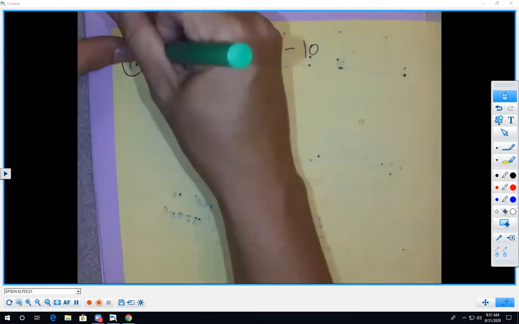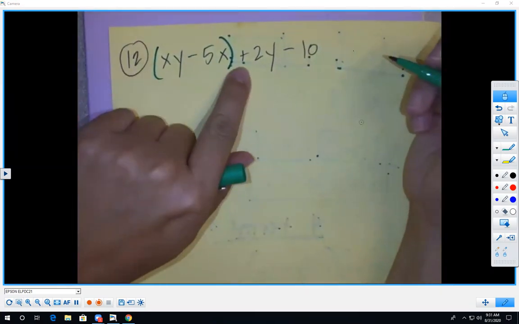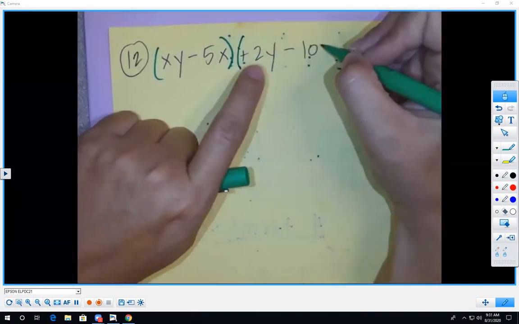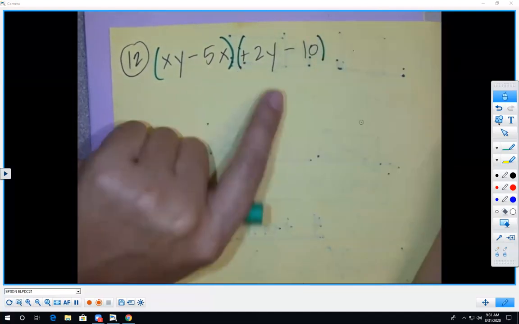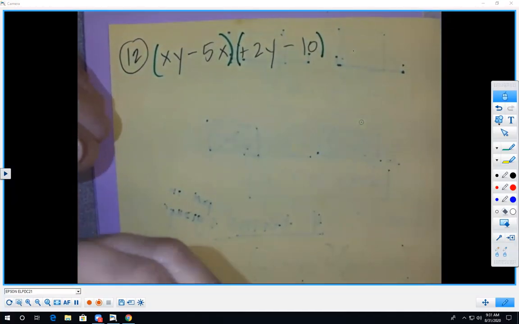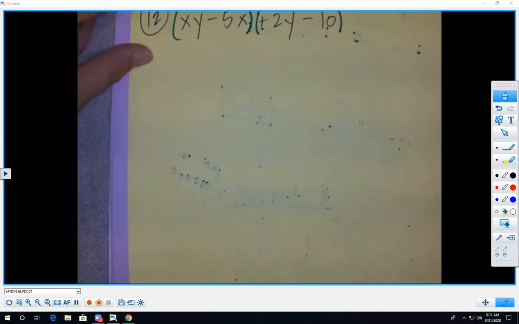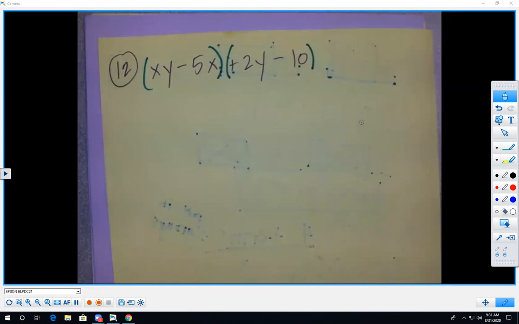Group the first 2 together and the second 2 together. When it's a plus sign, it doesn't really matter if you put it in the second group or not, but when it's a minus sign, it does. So just make it a habit to put that sign right there in the middle in the second group. Take a second and factor out the GCF of the first two, and then the last two.